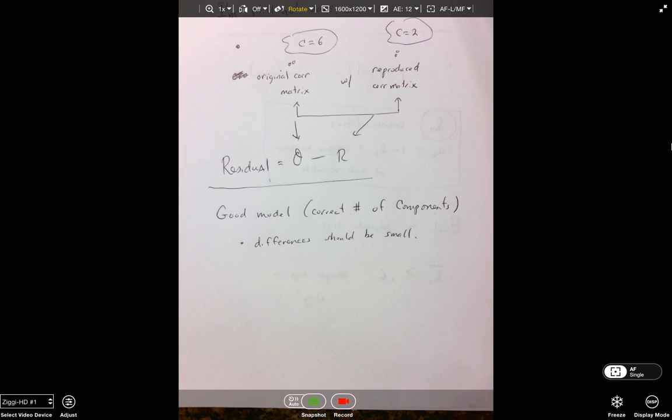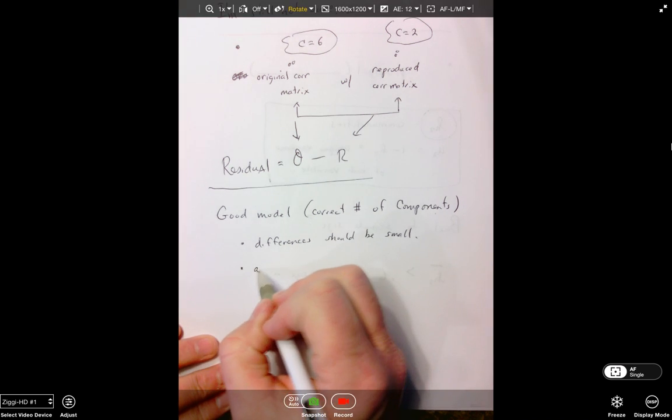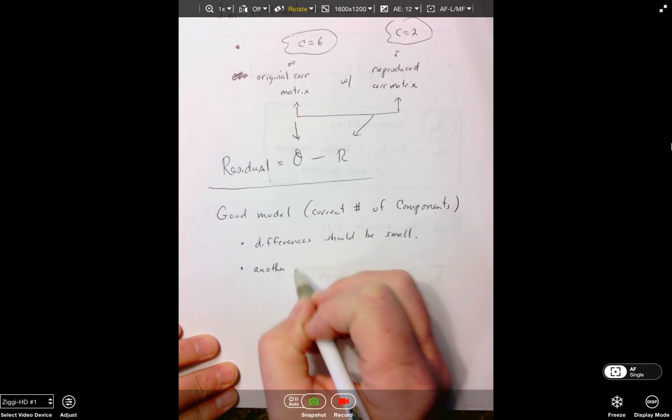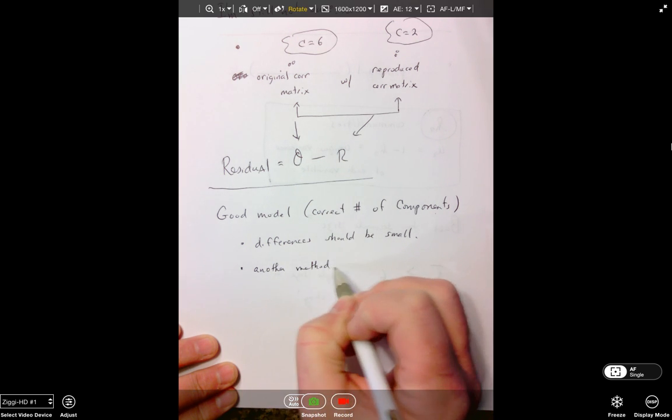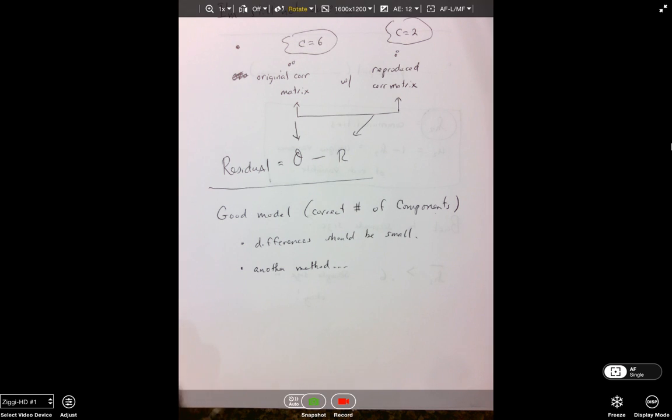I think that's for obvious reasons. But another way for doing this is not only to examine the differences and just go through each and every item in the difference of the correlation matrix and the reproduced correlation matrix. Another way is to examine the fit based upon off diagonals.